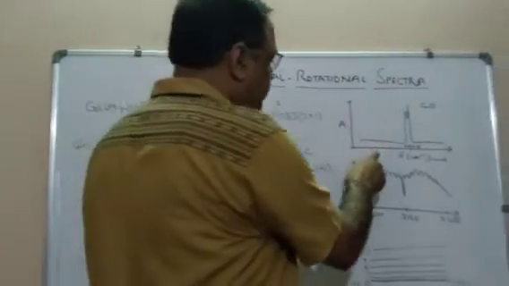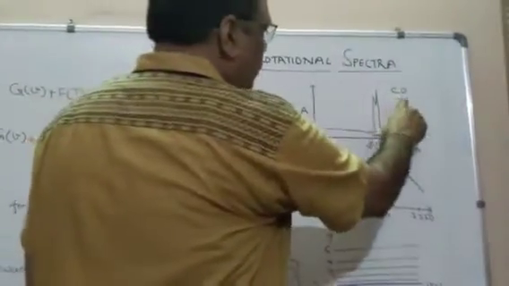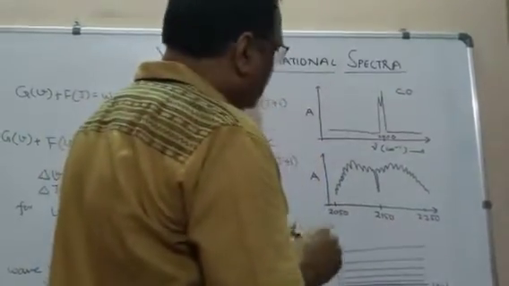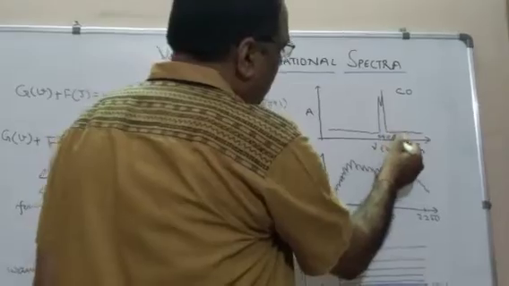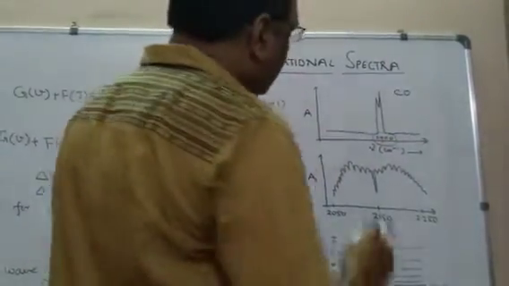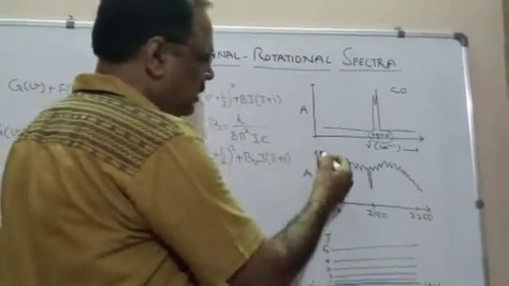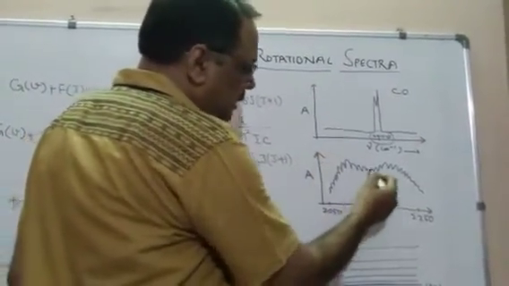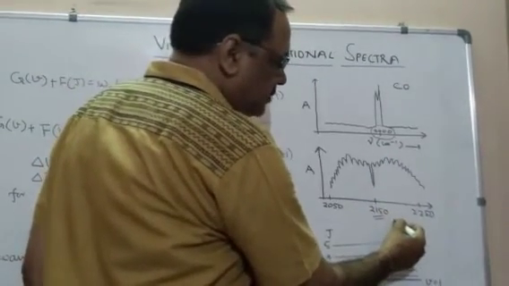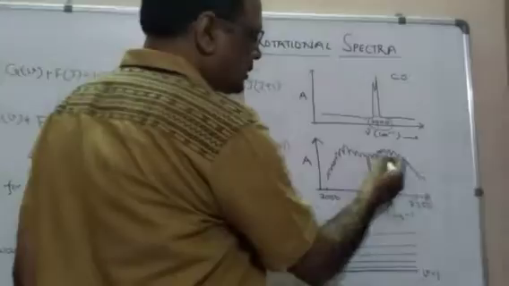Here I am showing you, suppose you are taking carbon monoxide, which is also diatomic. We get a fundamental band around 2000 centimeter minus 1. But if we take the high resolution of the absorption spectra, we get a null line, around 2150 centimeter minus 1, and there are two branches.